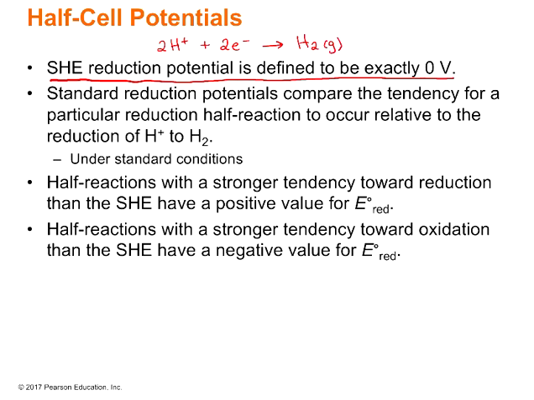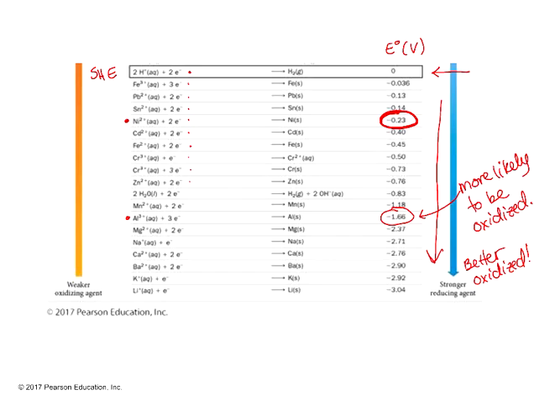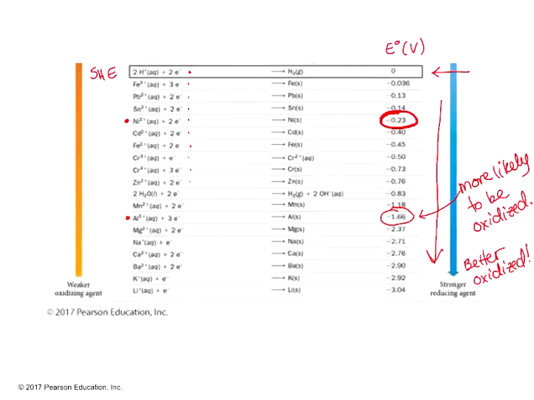So if we look back at our table, anything above our standard hydrogen electrode potential will be positive, and so it's more likely to be reduced spontaneously, and anything below that standard hydrogen electrode potential is negative because it's less likely to be reduced but more likely to be oxidized.